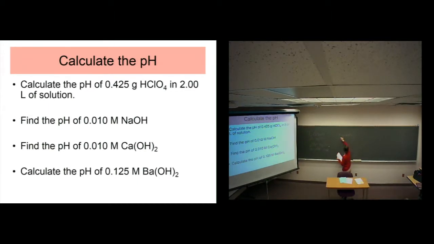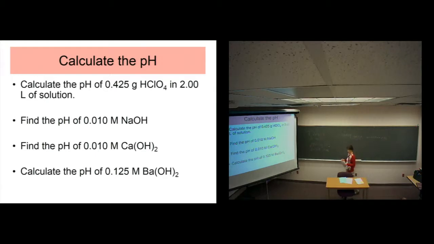And that's going to give me 0.004229 moles of my acid. Okay. Now, once I have my moles, then I can divide by my 2.0 liters. So let's divide 0.004229 by the 2.0 liters, and that's going to give me the molarity of the acid.